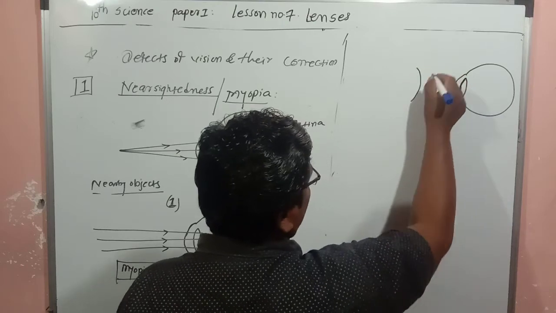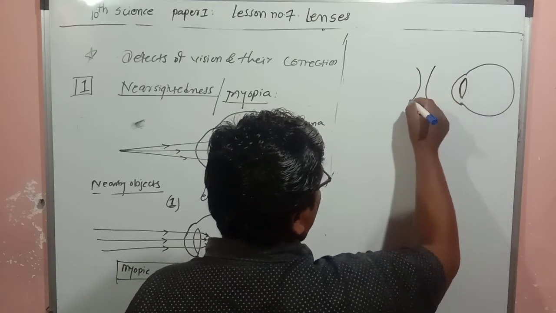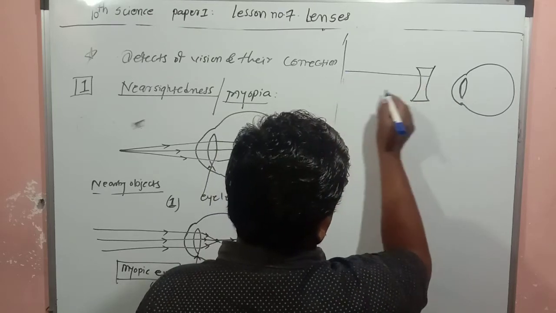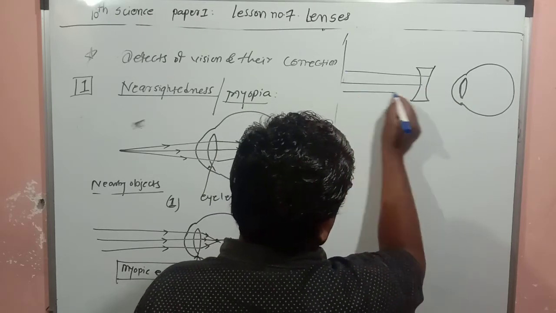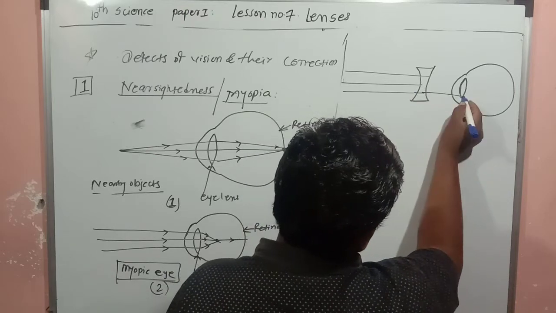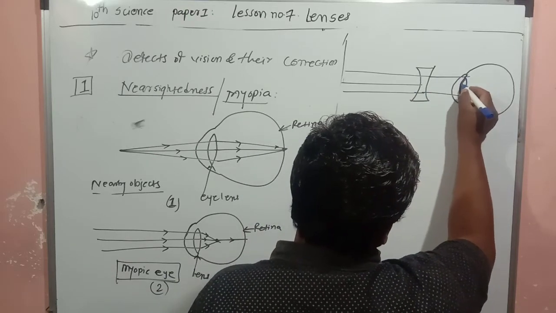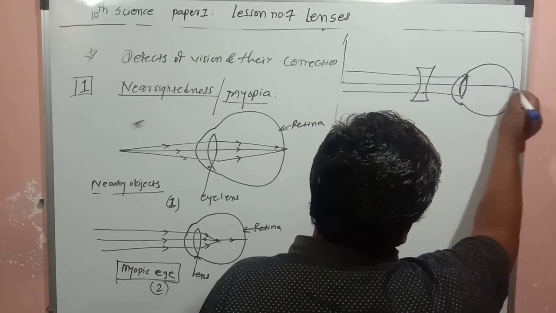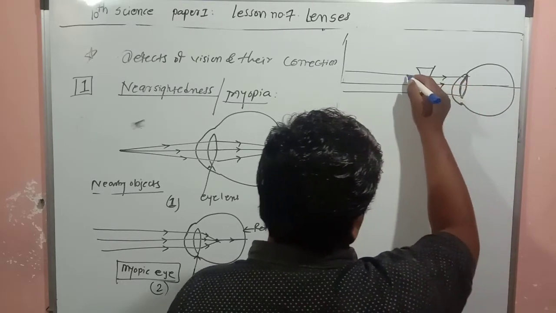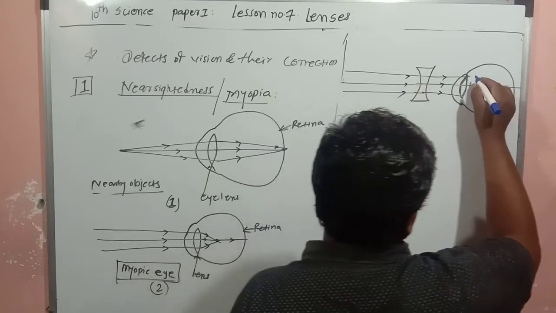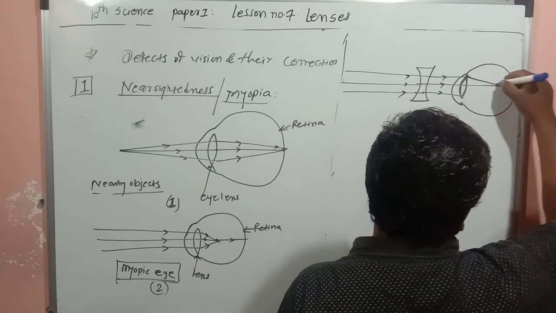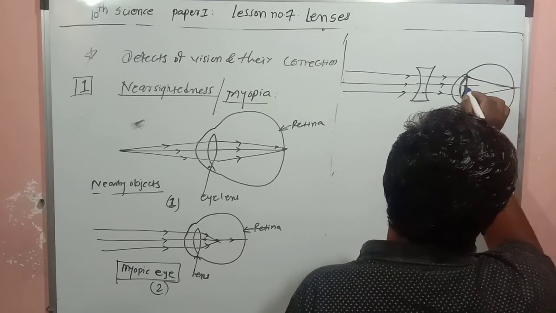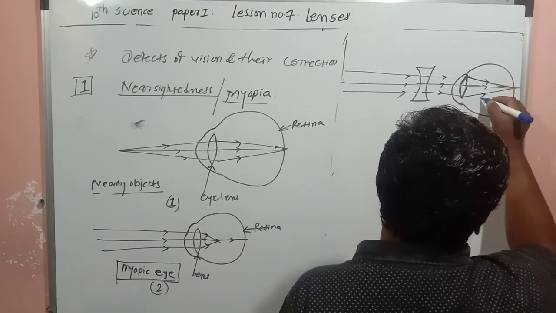You have to use concave lens here. Then light rays coming from far away objects will get diverged, and after divergence, they will converge on the retina.